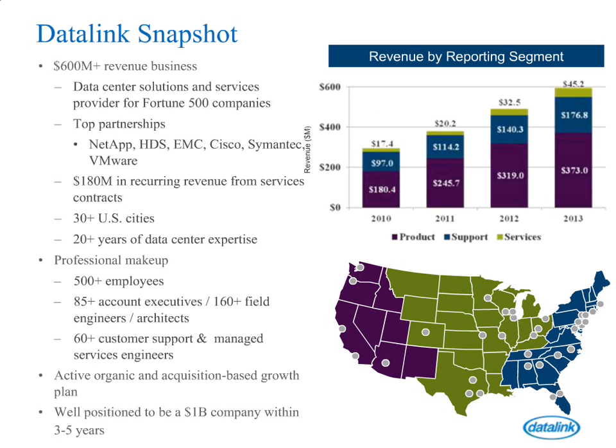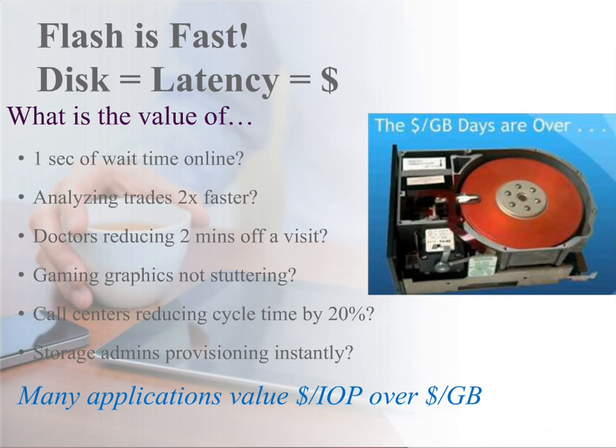Our organization is very focused on technical personnel. Of the 500 plus employees, approximately 85 of them are in sales, with the rest primarily focused in engineering. So the bottom line is that we're a differentiated solutions provider, focusing primarily on technical capabilities and delivering integrated solutions in the data center.